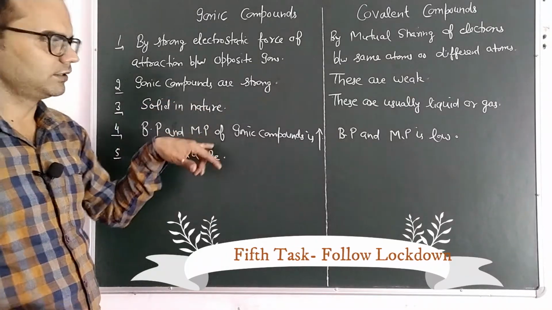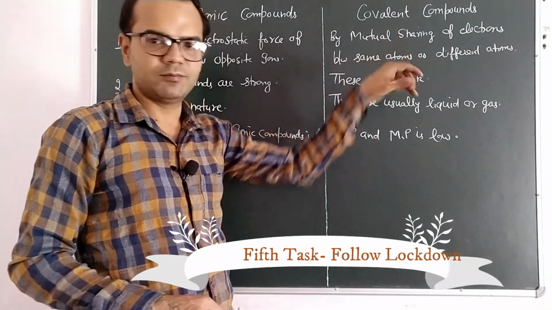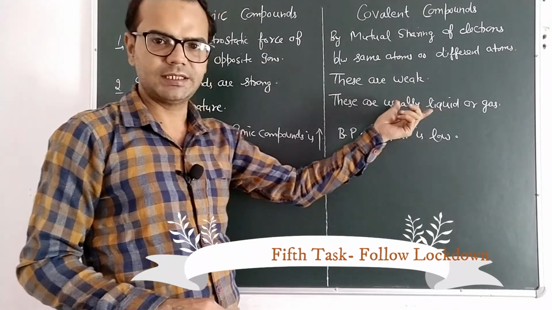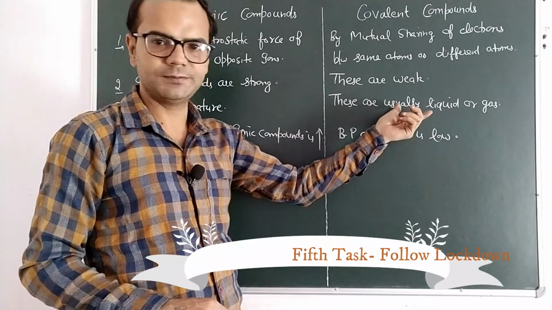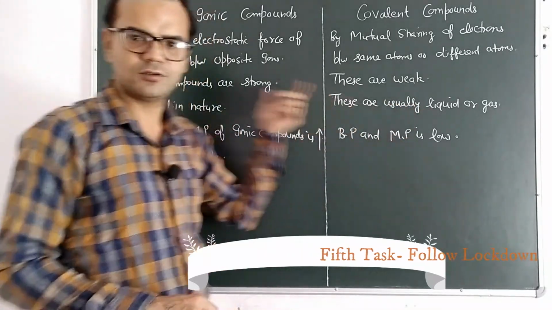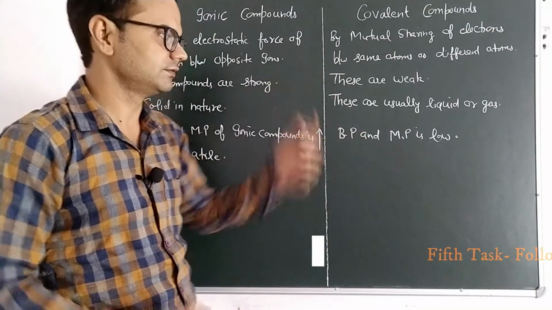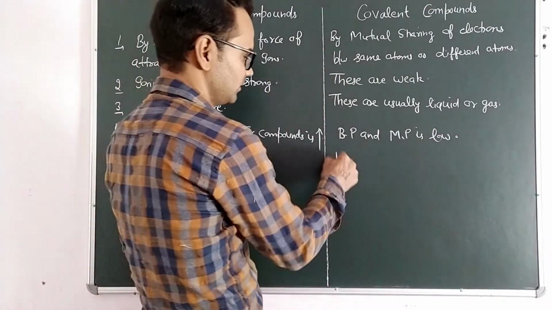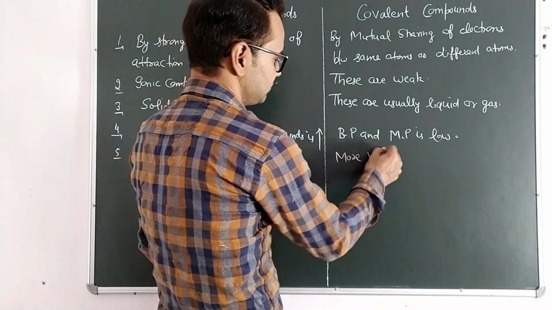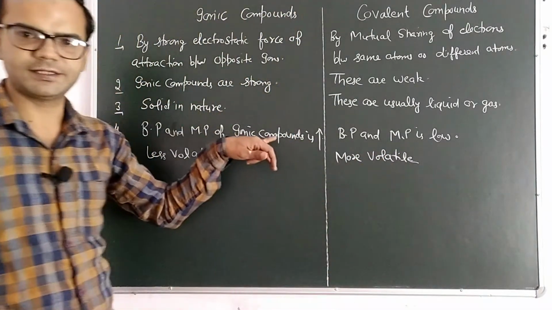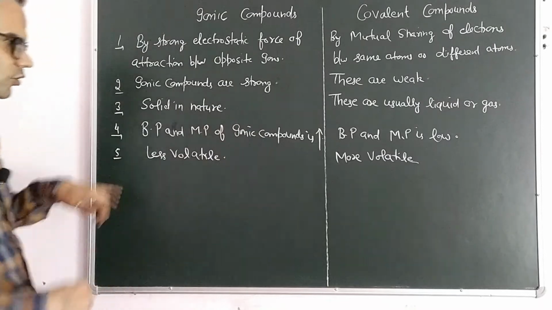Opposite of it, a covalent compound possesses a lower boiling point and is usually liquid or gas. As we know, the boiling point of a liquid or gas is lower than a solid, meaning they will be more volatile, they will easily evaporate. So they are more volatile.